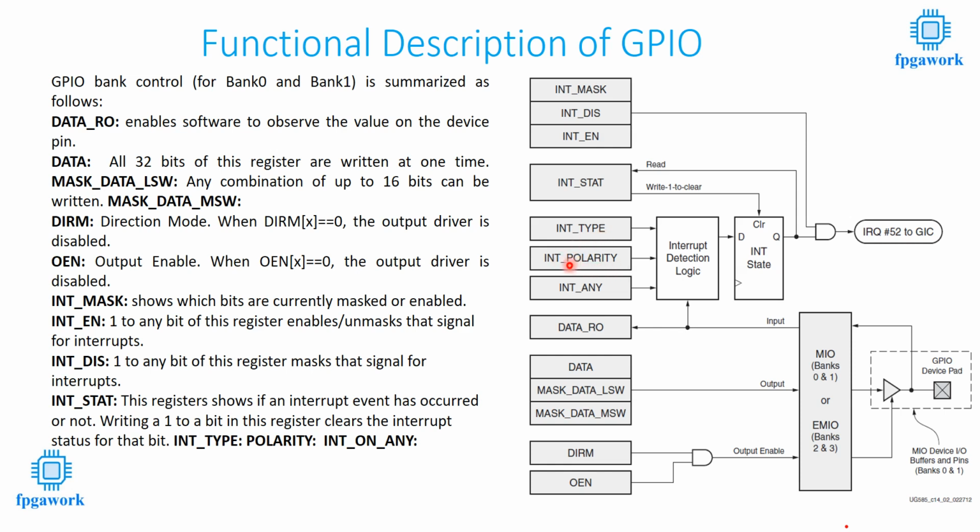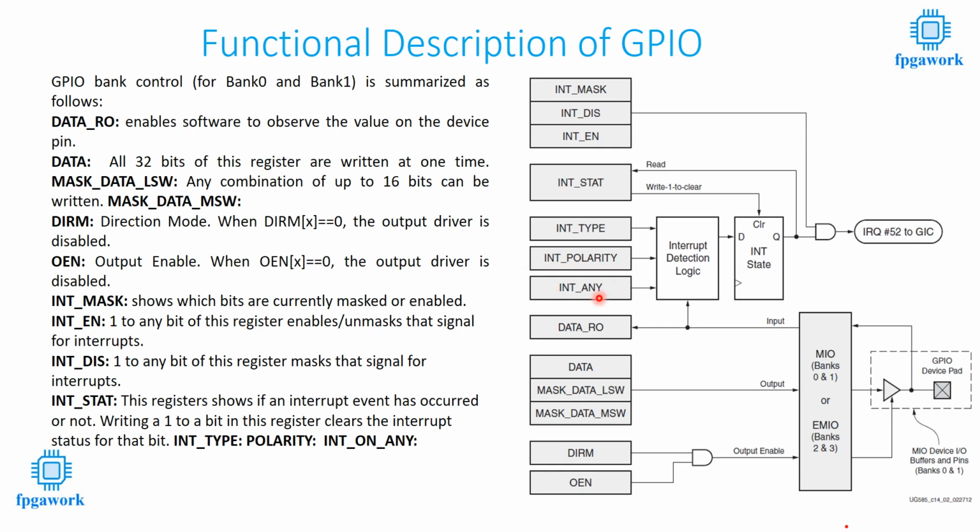Interrupt polarity: if it is level, whether it is low level or high level; if it is edge triggered, the edge can be a rising edge or a falling edge. All these things are configured here.